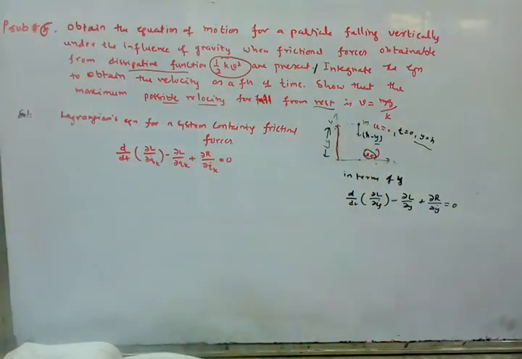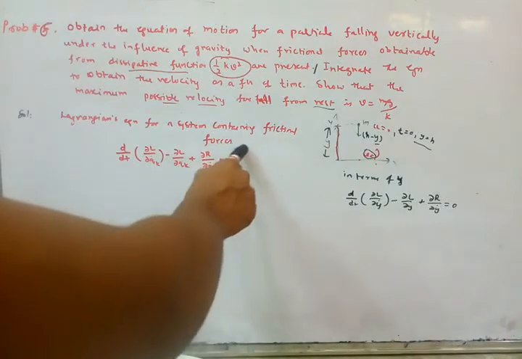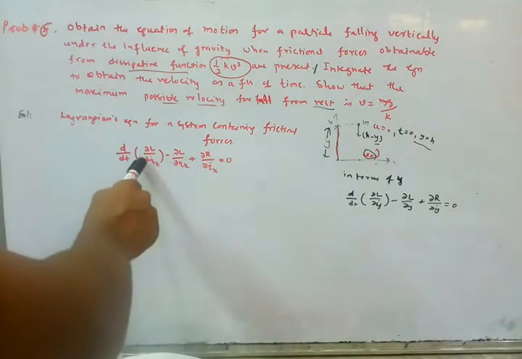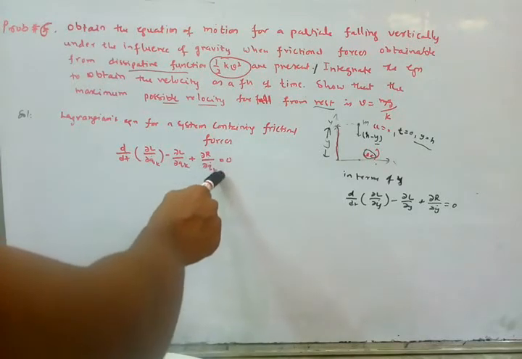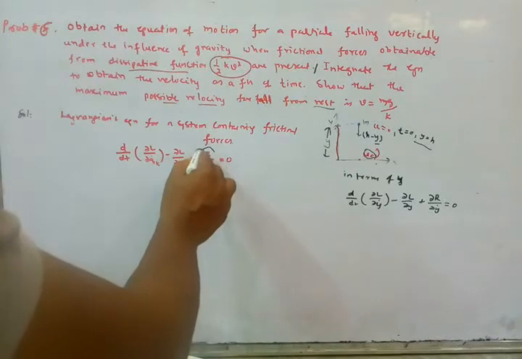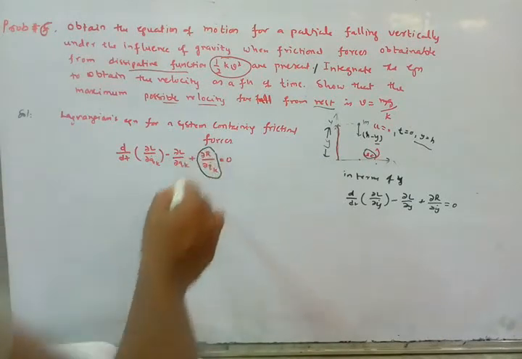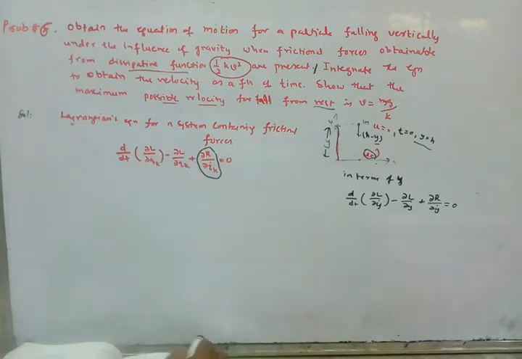First we have to find the equation of motion using Lagrange's equation. The Lagrangian equation for a system containing frictional forces is d/dt of dou L by dou qk dot, minus dou L by dou qk, plus dou R by dou qk dot, equals 0. Here is the frictional forces term. This is the generalized coordinate Lagrangian equation.